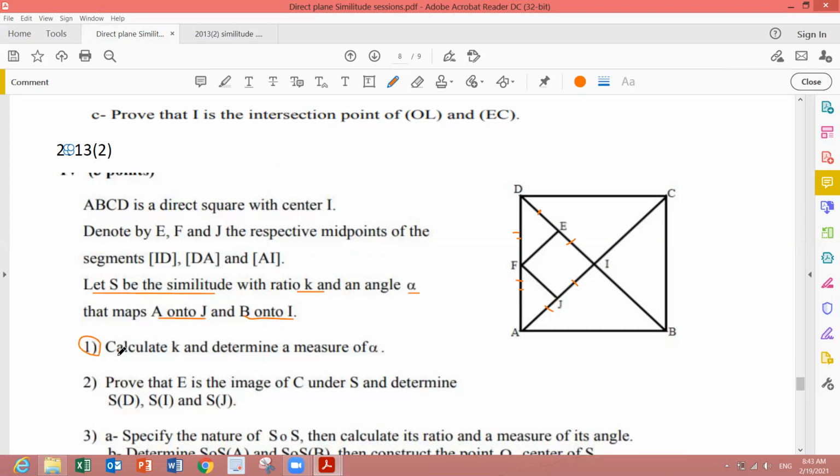Calculate K and determine the measure of alpha.